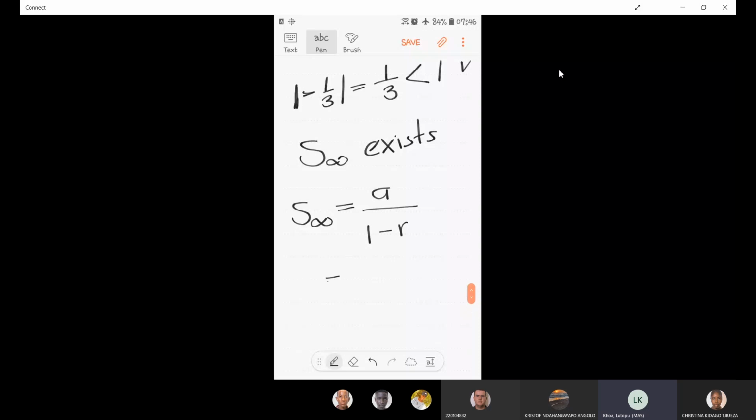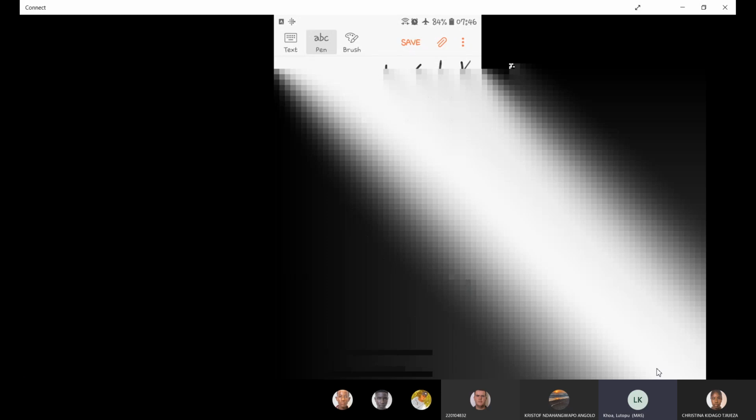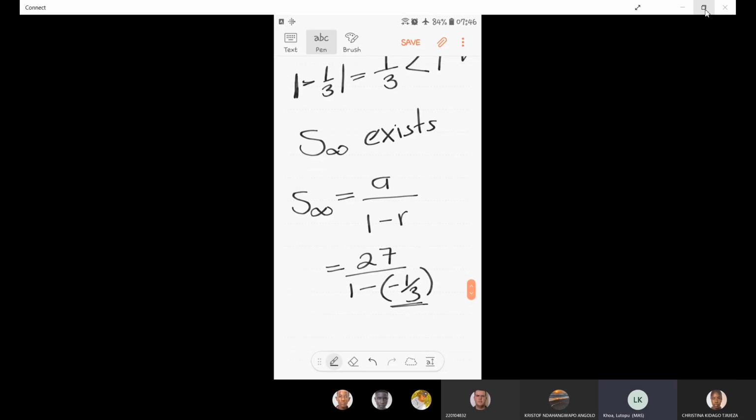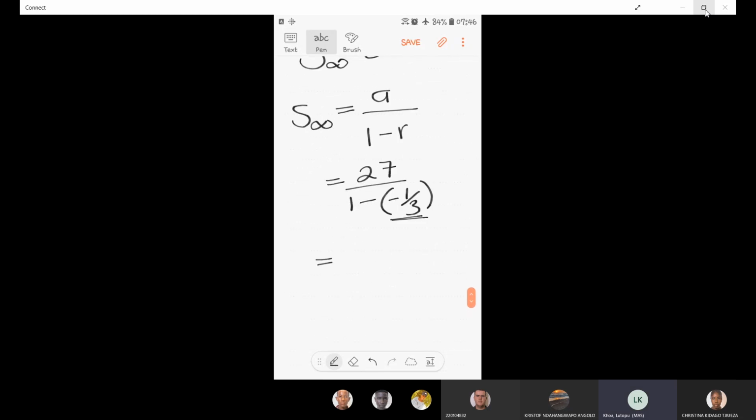Okay, what is my a? It is 27. And then I divide this by 1 minus r. r, I take it the way it is. I don't use the absolute value over here. I must take the r that I have in the question. Then I just work it out on my calculator. 27 divided by 1 minus 1/3.